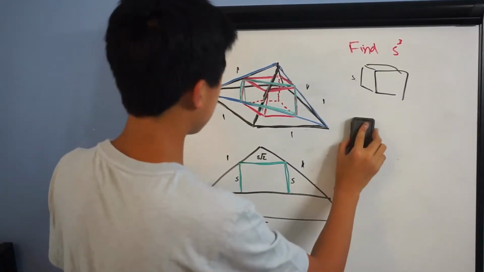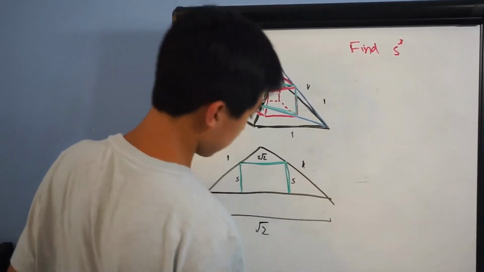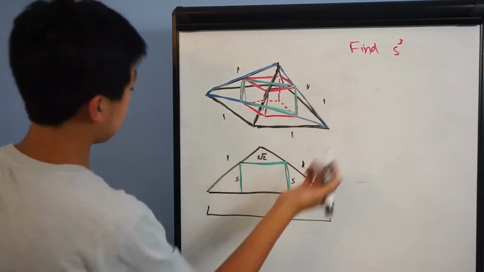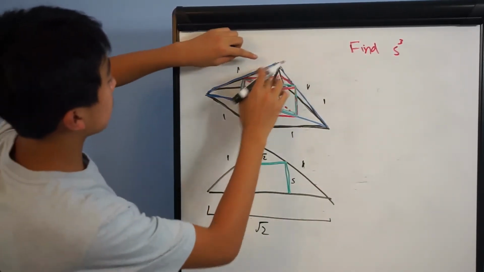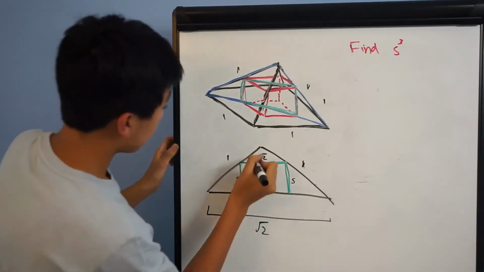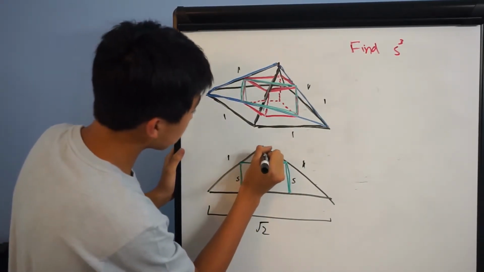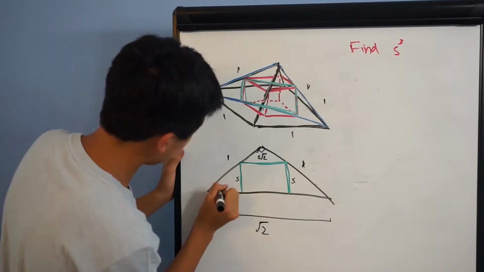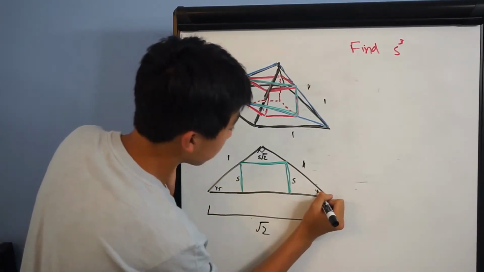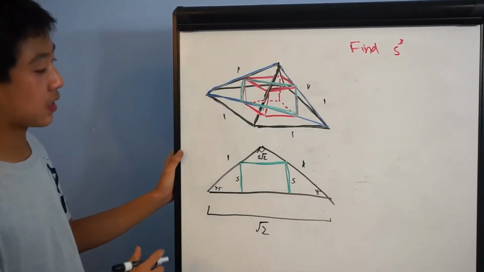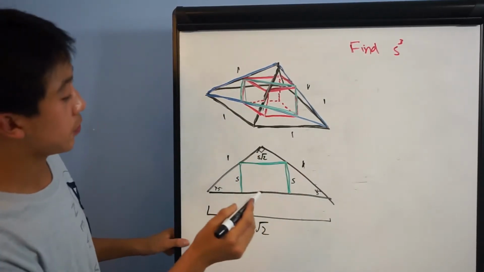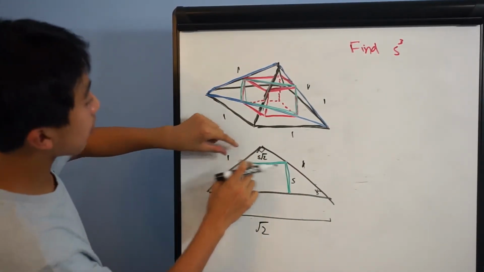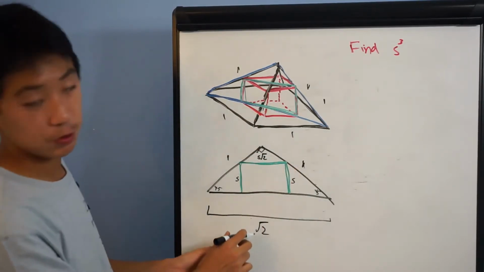Erasing all of this, since we didn't need that either. So how we'll solve this now is looking at this 2D view. We know that this is 90, 45, and 45. This is true because we have two side lengths of 1 and one side length of root 2, and the square root of 1 squared plus 1 squared equals root 2.